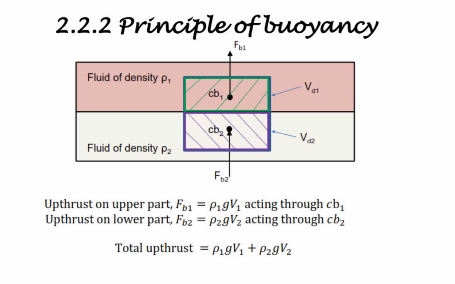So the center of the upper part gives upthrust 1, and then we have the upthrust for the lower part of the body. We use the density of the lower fluid, g is still the same, 9.81, and use volume 2. Then we can total up the upthrust: add the upthrust for the lower part and the upthrust for the upper part.